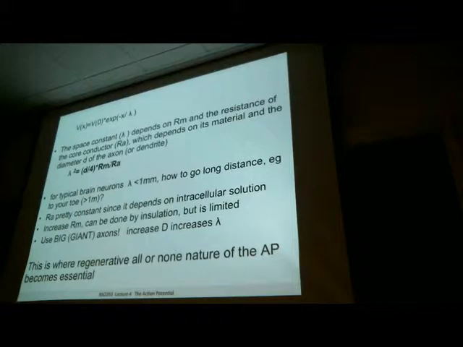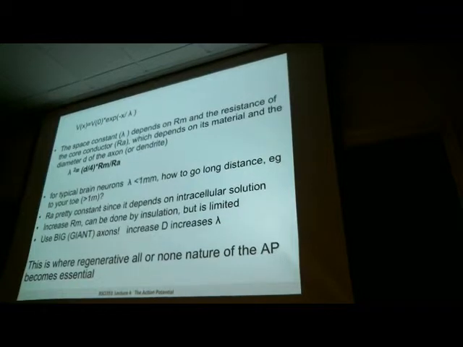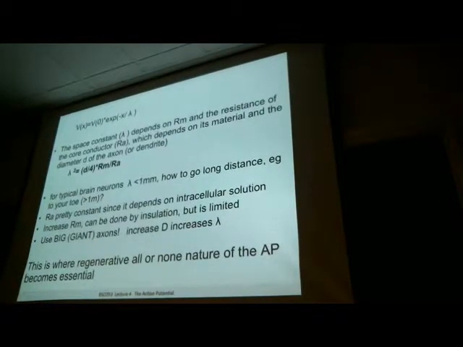Sorry, these are constants, because these are in resistance per patch of membrane. So these two are constant, and if D increases, then the space constant increases. So with fatter axons, you have more current flow going down the axial component relative to less leakage going out. Does that make sense to everybody?